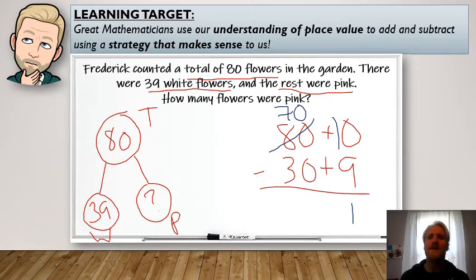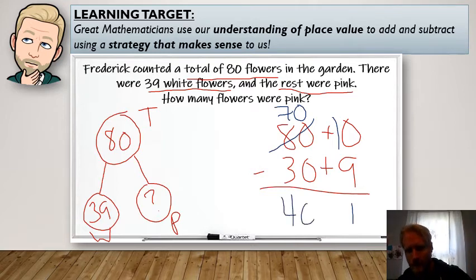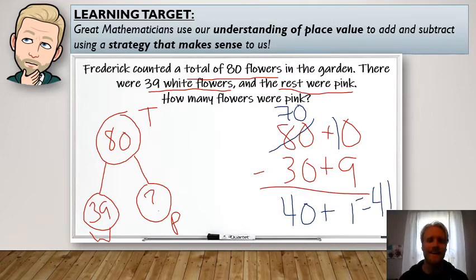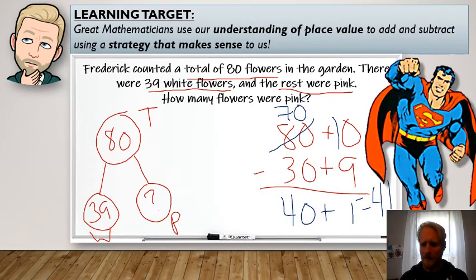Exactly. So therefore, 70 minus 30 is 40. Awesome. All right, so then 40 plus 1 is 41. You got it. But 41 what? Don't forget the units. 41 pink flowers.